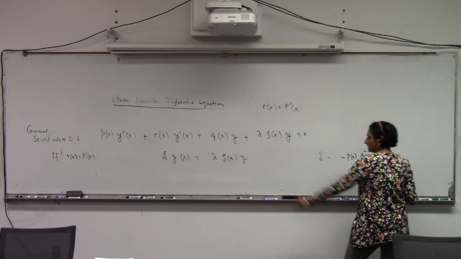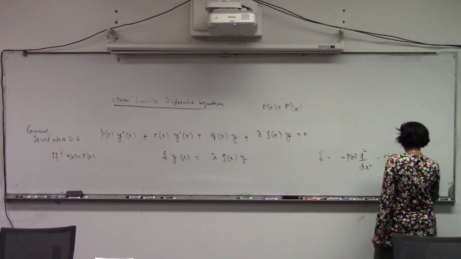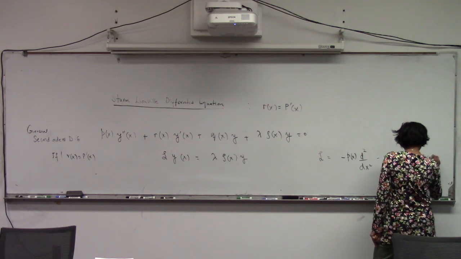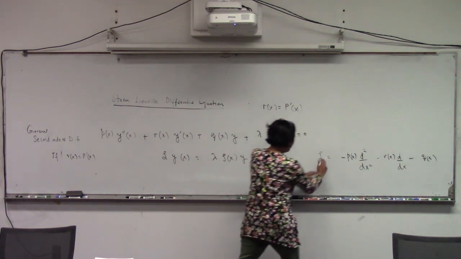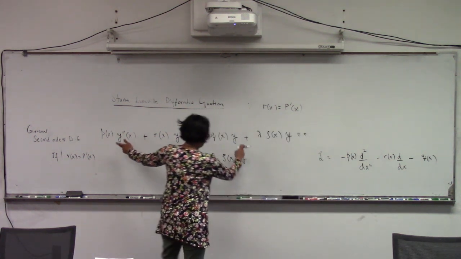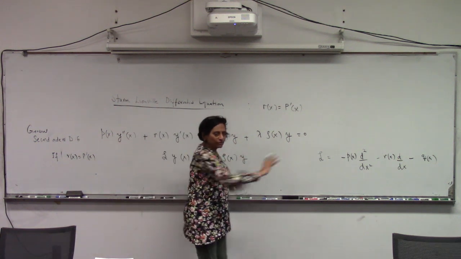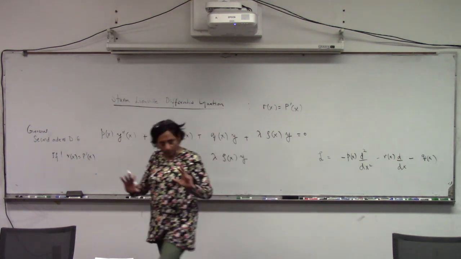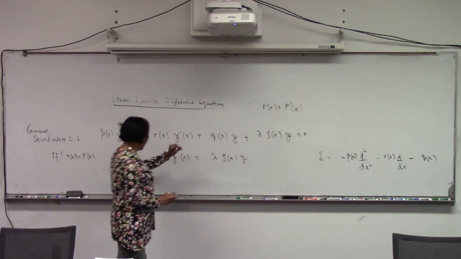I'm taking it with a minus because I want the eigenvalue to be positive. So L operating on y gives you this part, and that part of the differential equation I'm writing like an eigenvalue part. So this is just an operator.